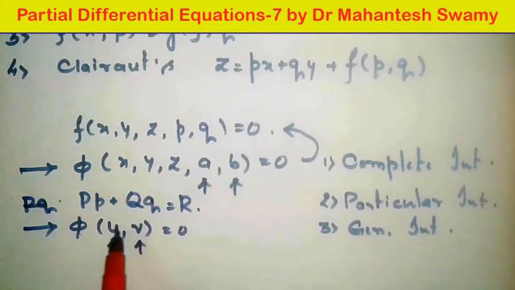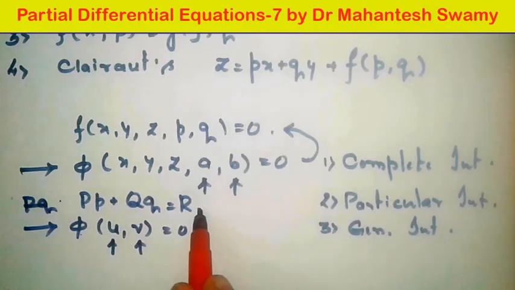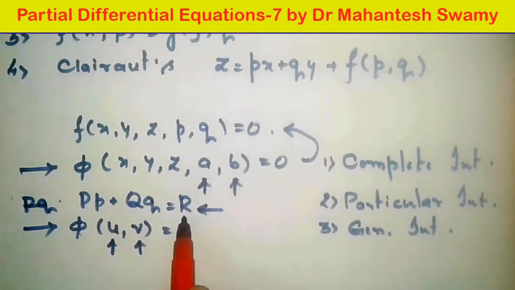So how did we get the first solution and the second solution? By solving the auxiliary equations. If you look at the previous videos, you will get the idea how we solved such a Lagrange linear partial differential equation and got this type of solution.